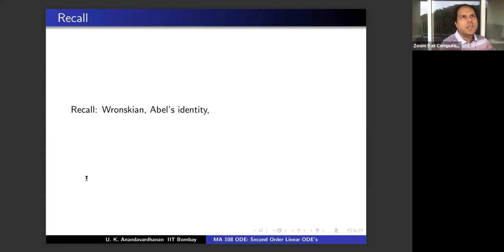If f and g are solutions of a second order linear differential equation, then we proved Abel's identity. Yesterday I did not state the word, I typed it in chat.